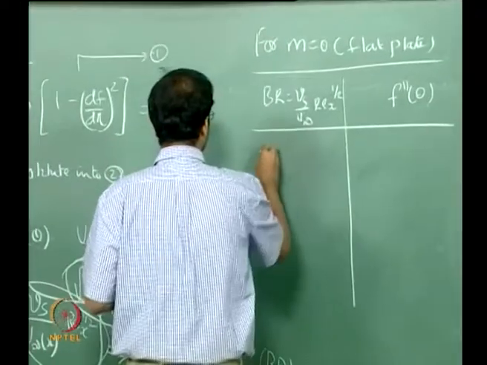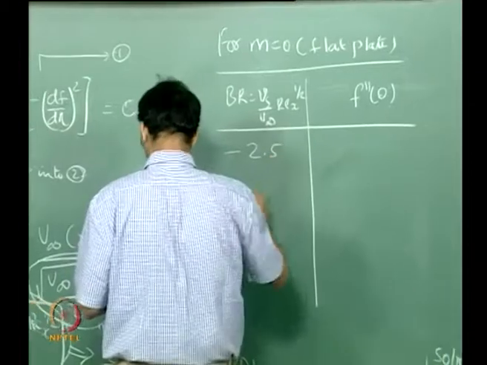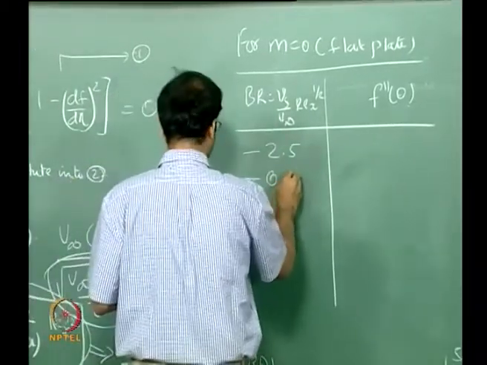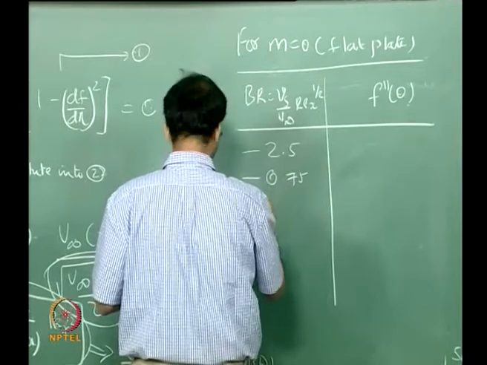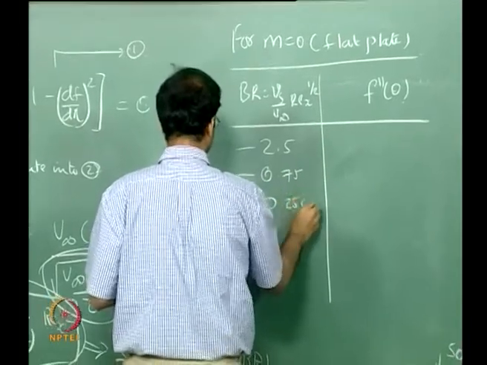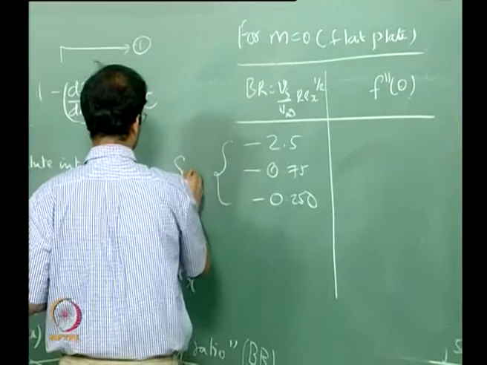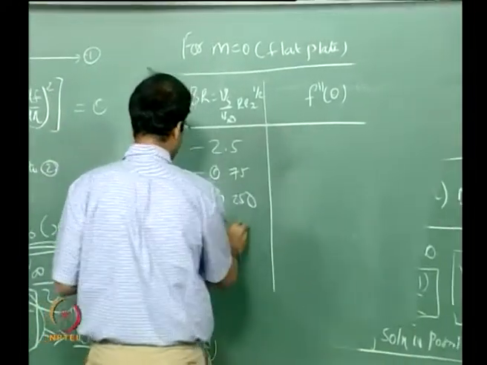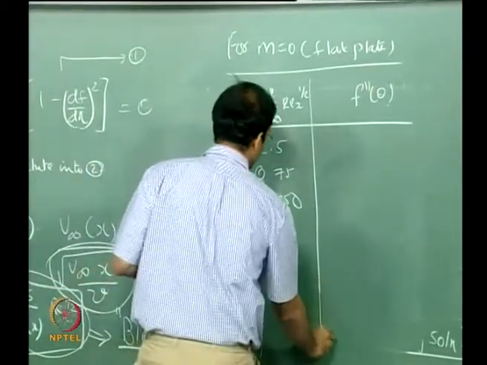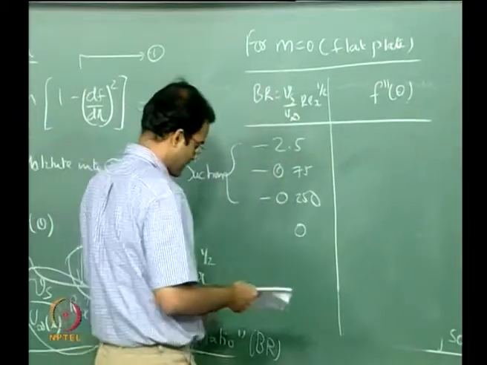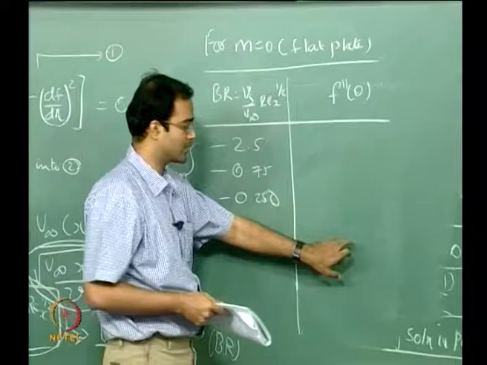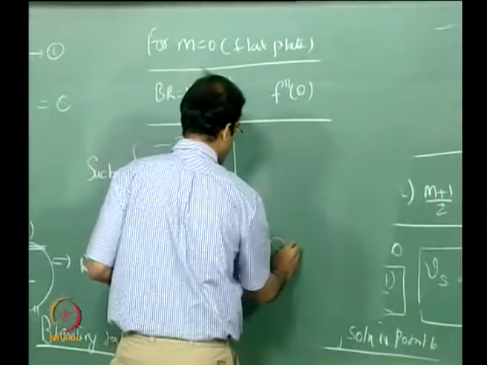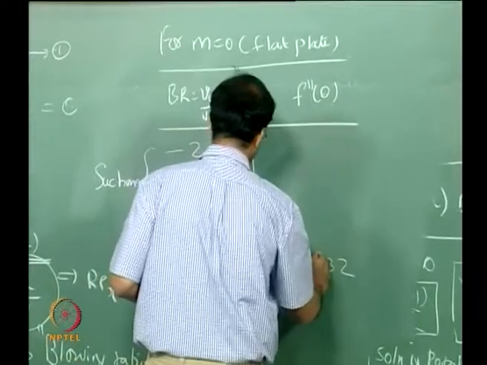Okay. For the value of minus 2.5, these minus values actually indicate suction, right? So negative velocities, and 0 indicates no blowing. Now you tell me what should be the value for blowing ratio of 0? 0.332, which we have already derived from the Blasius solution.